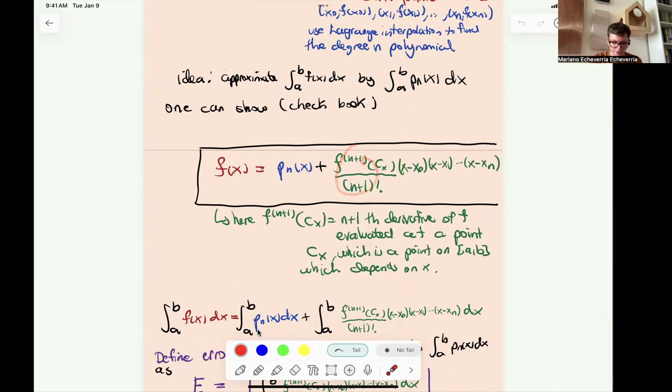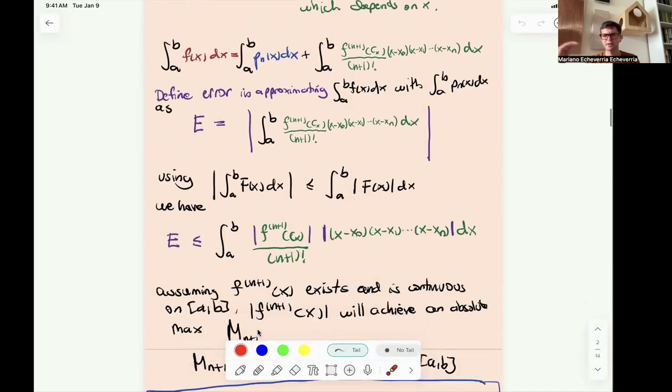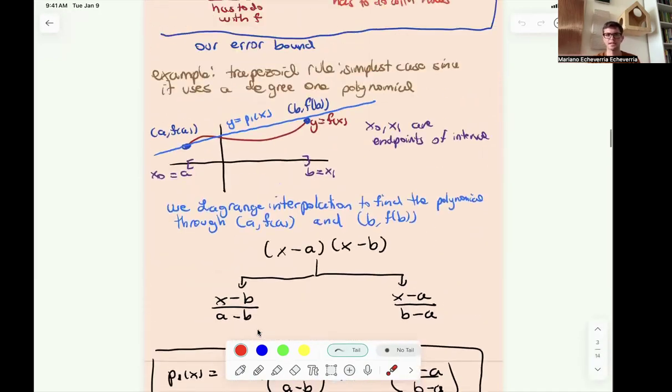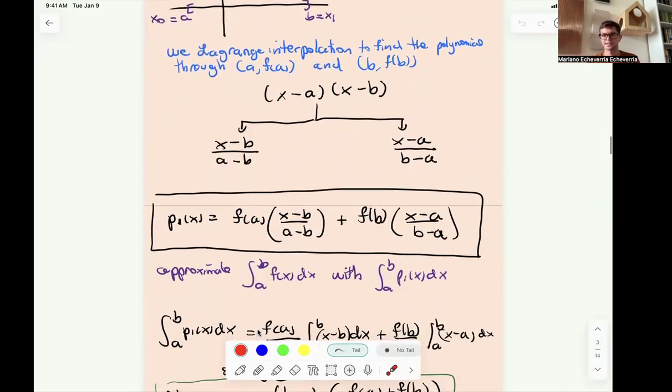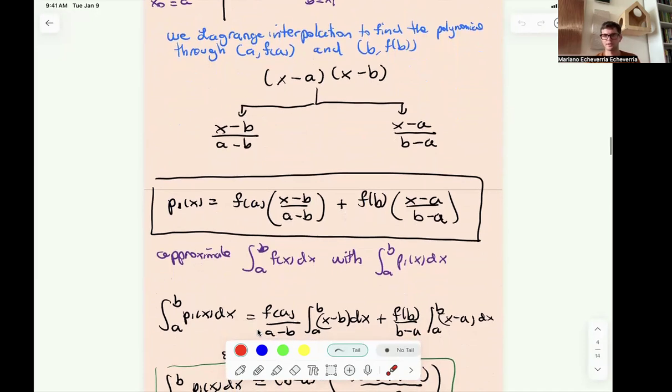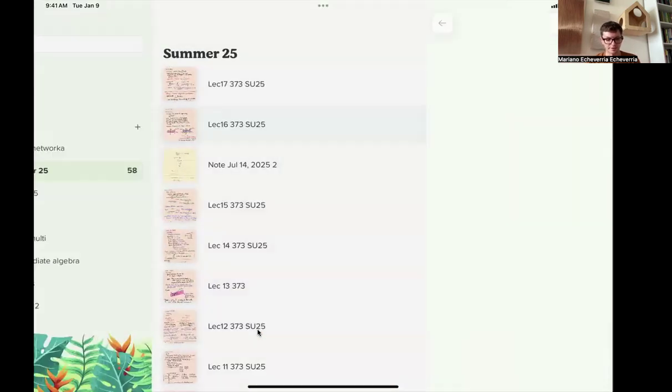So if the function happens to be a polynomial of degree n, its n+1 derivative would be zero, so there's no error in the approximation. That works just like yesterday's class, and explains why the formula is exact for degree n.